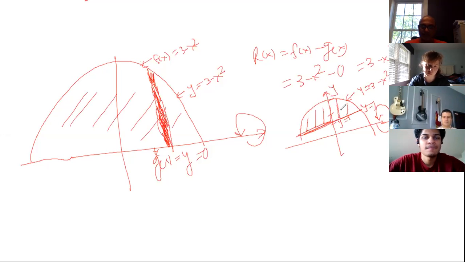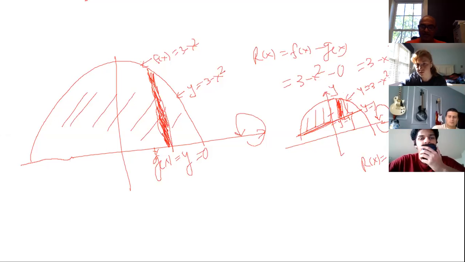Now if you take this strip over here, your Rx will be from here to here, that is your capital Rx. So your capital Rx will be fx minus gx, where this is my g, y equal to 0.